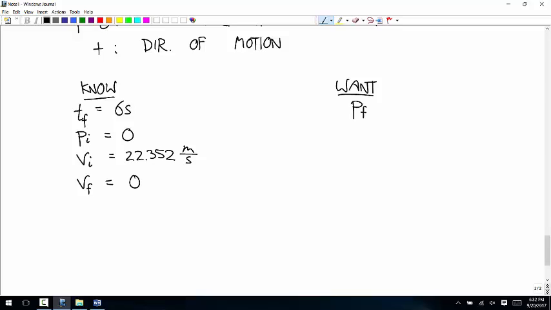And we don't know acceleration. And so is there any equation that'll work with these? No. So we have to calculate acceleration first.